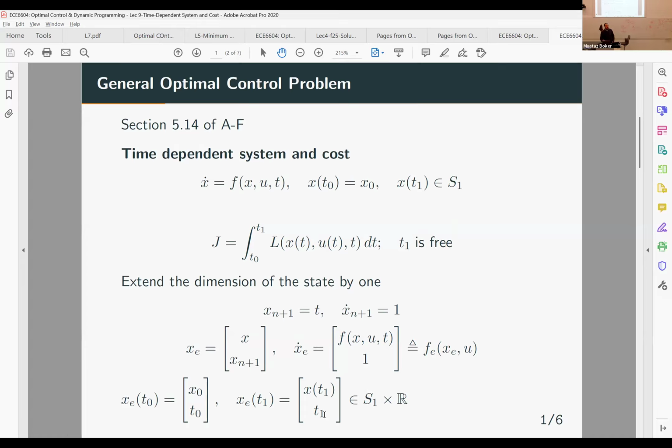So definitely we need the transversality here, because it's given in the problem that t1 is free. Because we know how to deal with a free final state, we will be able to deal with this problem. So x of t1 belongs to s1, and t1 belongs to R, could be anything.